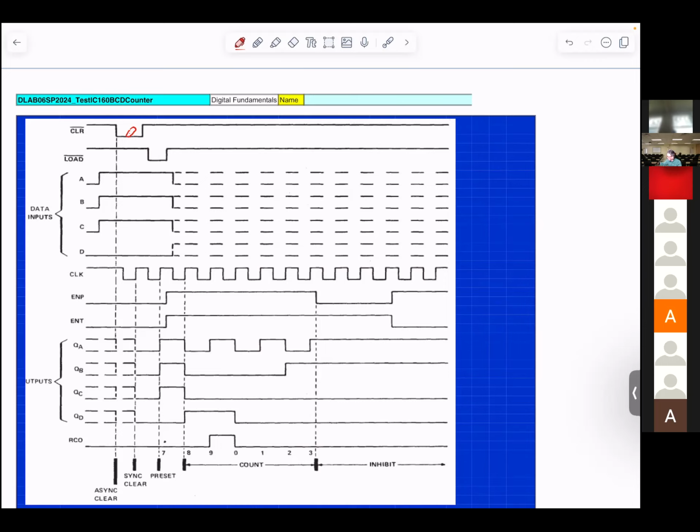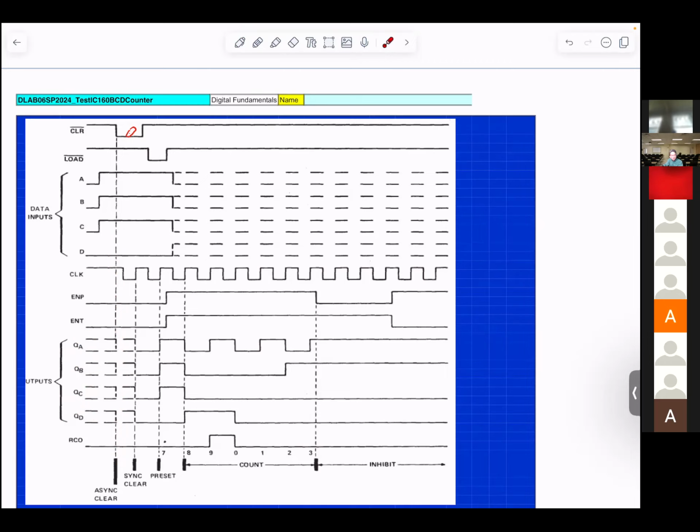Now if you're looking and going down here, they want to clear, and the output, you can see QA, QB, QC, QD.